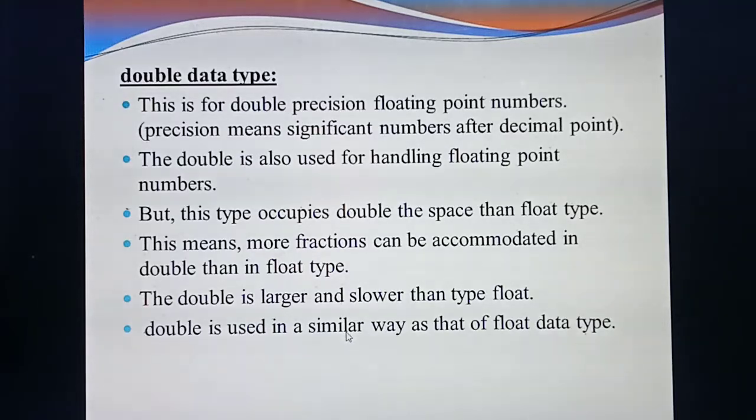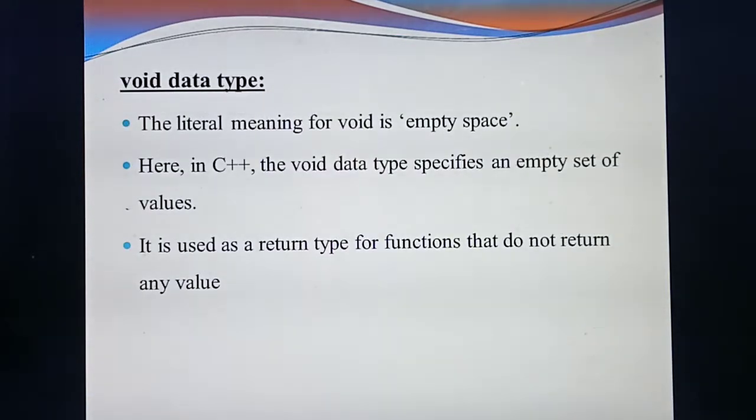This double data type also comes under float data type, but it will occupy double the space of the float data type. So the double data type is larger, but the performance is slower than other data types. Understood? Okay.